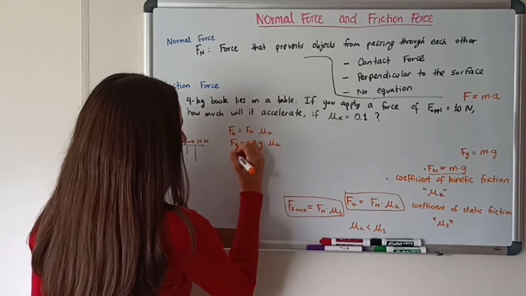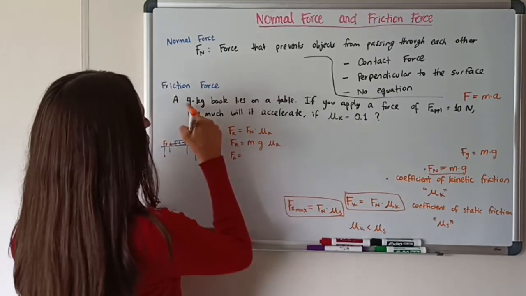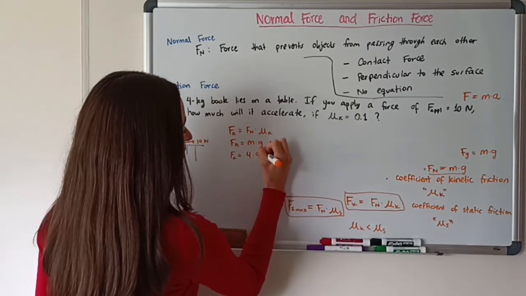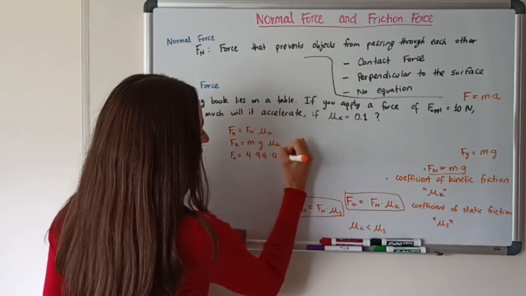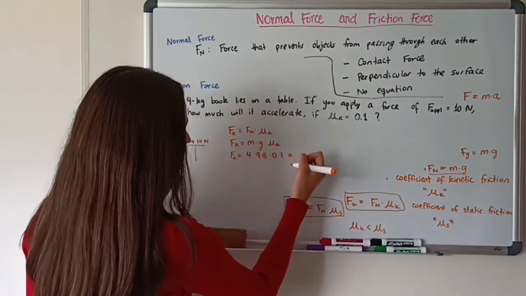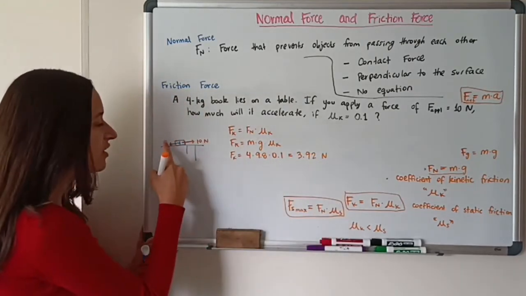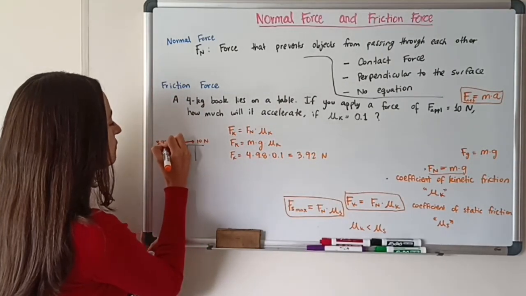So we put in our values. The kinetic friction will be mass, which is 4, times g, which is always 9.8, times mu k, which is 0.1. And this will give us 3.92 newtons. So we actually figured out that this friction force over here is 3.92.